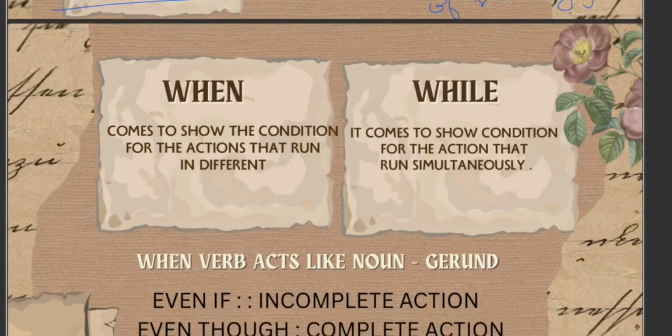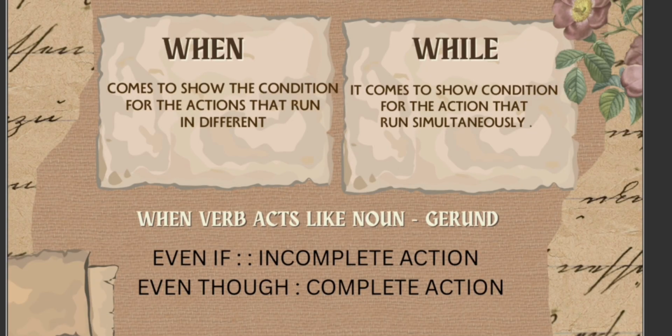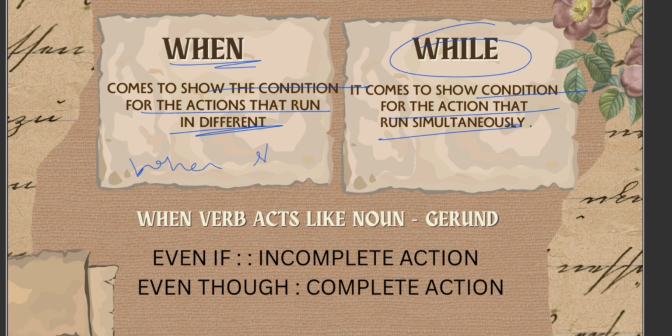Now let's move ahead. We have when and while out here. Now, when comes to show the condition for actions that run in different directions. Okay. Now, we have while, it comes to show condition for the action that runs simultaneously. Okay. When we are saying when, we'll say when she arrived, she was weeping.